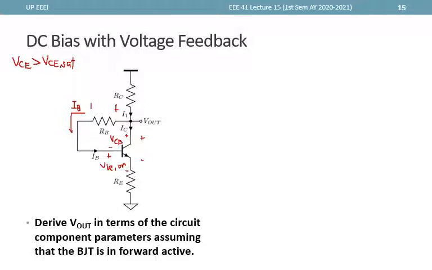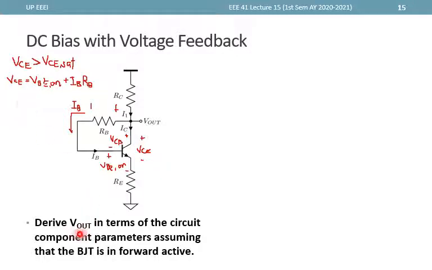Okay, and now by KVL, this VCE right here, which we want to be greater than VCE sat, is also equal to VCB plus VBE on, or IB RB plus VBE on. Now writing that, we get this equation right here. VC is equal to VBE on plus VCB, which is IB RB. Now we want this to be greater than, say, 0.2, but this one is already 0.7, and this one can only be positive, and therefore we are sure that as long as this junction is on, then VCE is greater than VCE sat.